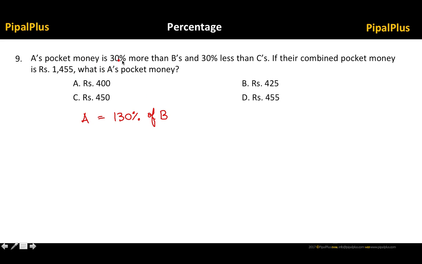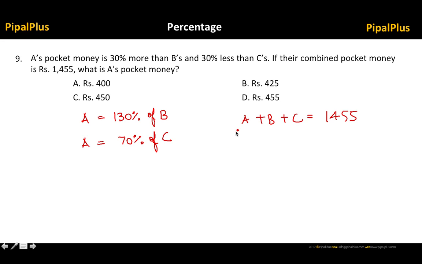Similarly, A's pocket money is 30% less than C's pocket money. So what A gets is 70% of what C gets, right? Now combined pocket money is 1455. That means A plus B plus C is given to us as 1455, and we must compute A, right?